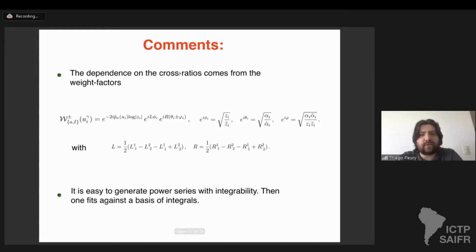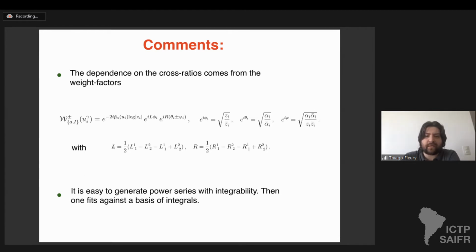So, okay, two more comments. The dependence on the cross ratios in these constructions comes from the weight factor. The weight factor is used to glue the hexagons. They depend on the cross ratios Z and alpha. Z are the space-time cross ratios, and alpha are the R-charge cross ratios that I will define for you in the next slide.